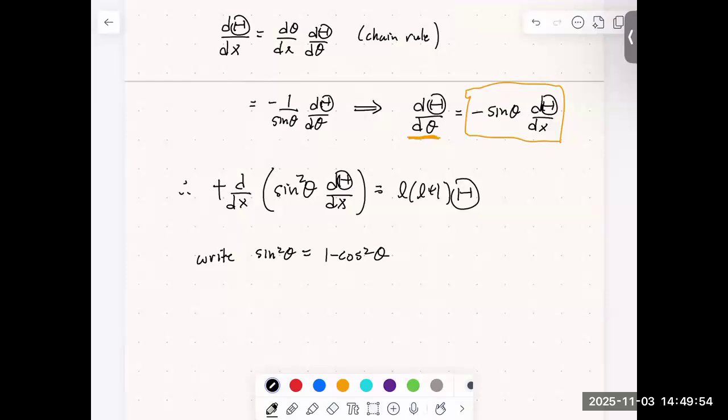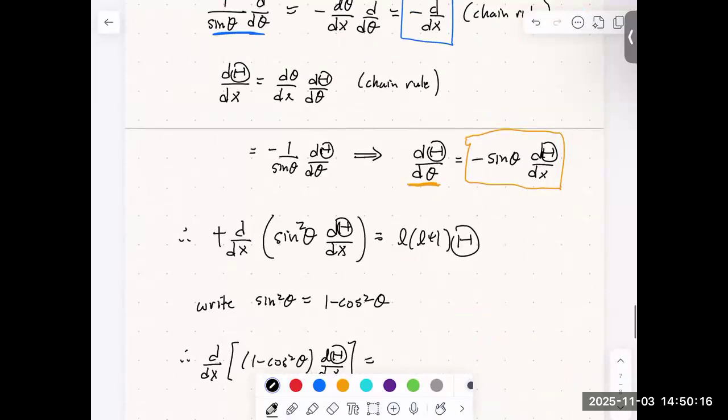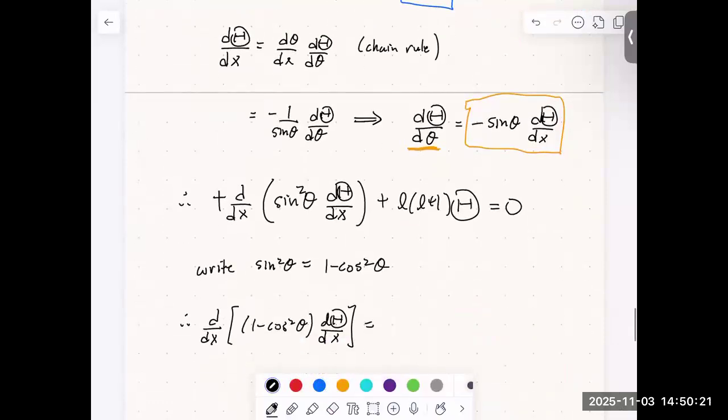Okay, so then we have d by dx of 1 minus cos squared theta d theta dx is equal to plus, sorry, I keep screwing up. This is plus, and then this equals 0. So this is plus L plus 1 theta, and that's equal to 0.